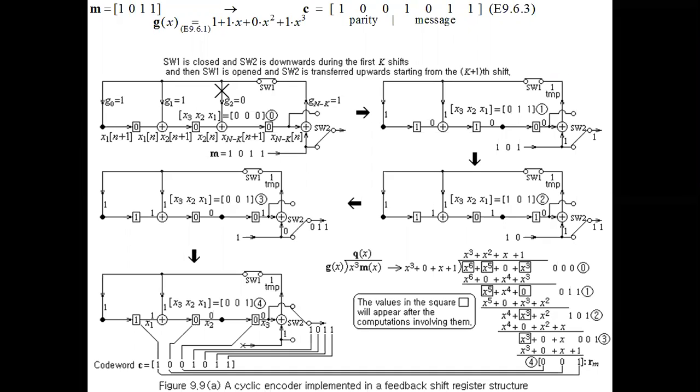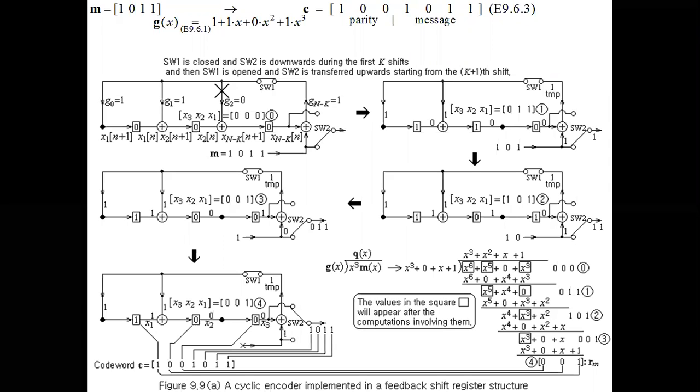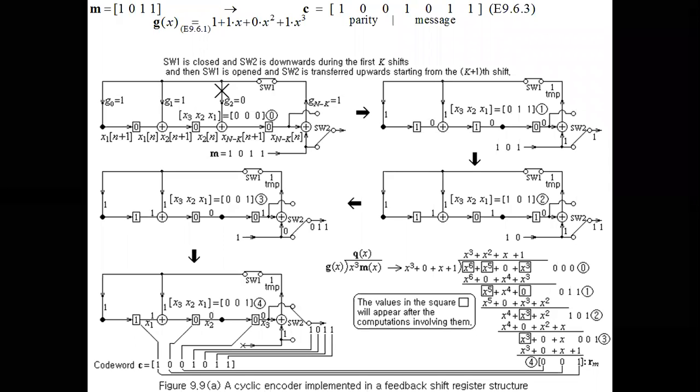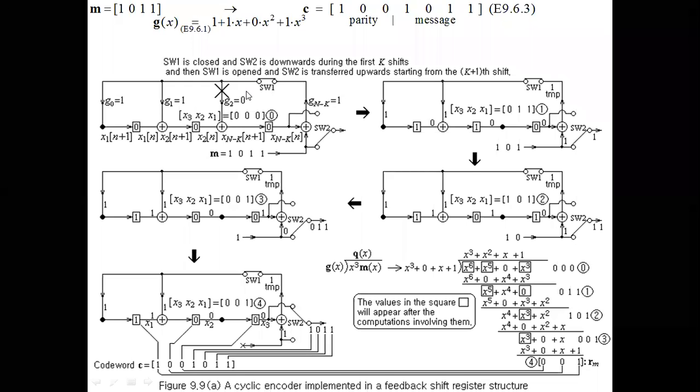That's the fourth point. The fifth point is that the circuit division method is known as systematic encoding of the cyclic codes.